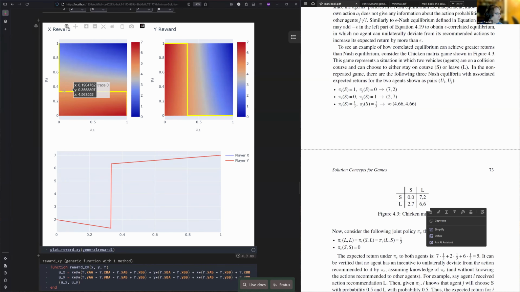It doesn't matter what X picks. This is a point where it'll have the same value everywhere. And similarly, if X selects 1/3, Y is indifferent to this. We can see it here in this way.